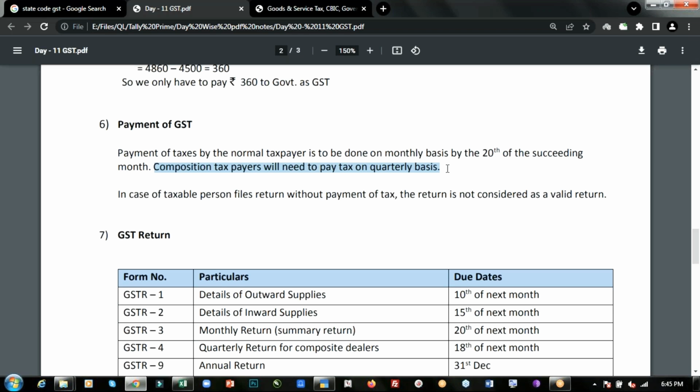Others are called regular taxpayers. If your annual turnover is within the 1.5 crores value, you can take the composition scheme. In the composition scheme, you don't have to pay the GST on a monthly basis. You just have to pay the GST on a quarterly basis if you are a composite taxpayer.